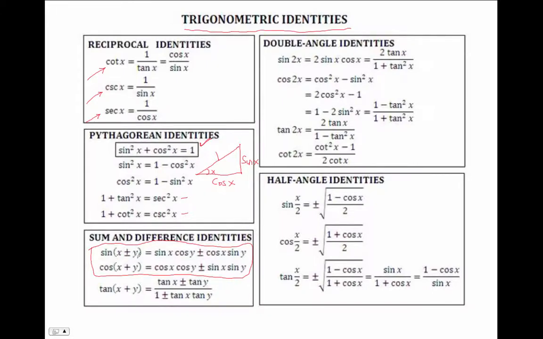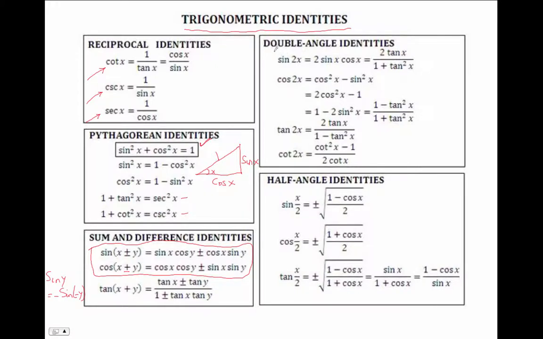If you reverse the sign of y, then obviously sine of minus y goes to minus sine y. So sine y is minus sine of minus y. And so that's why this sign over here changes. Similarly for the cosine of two angles, x plus y. These two you must remember.